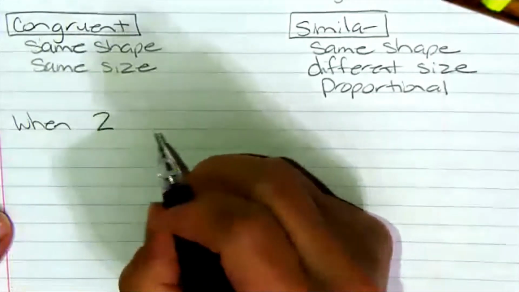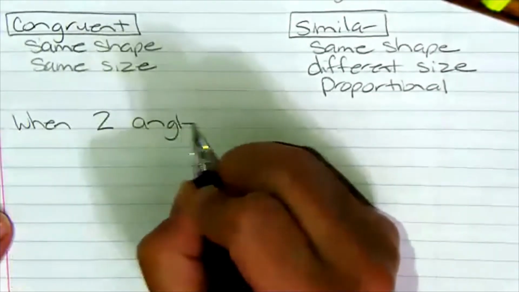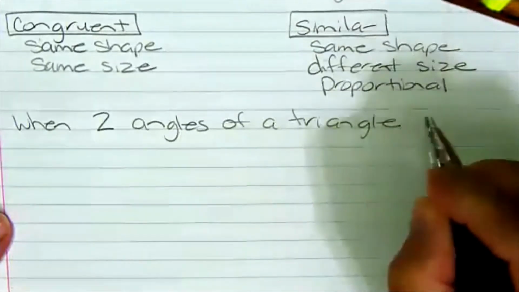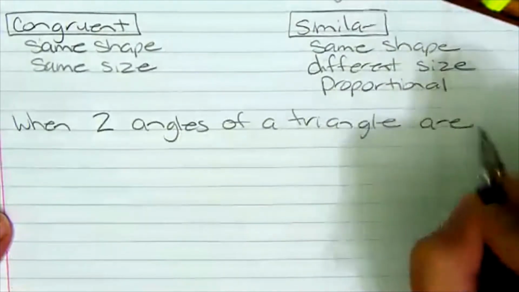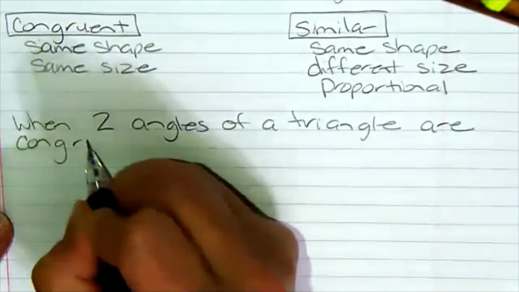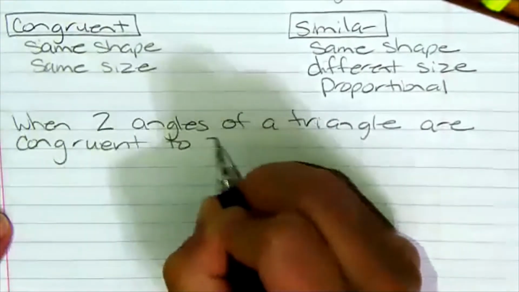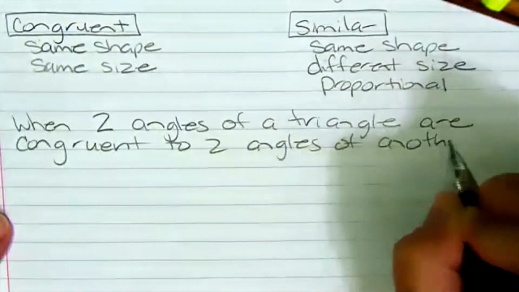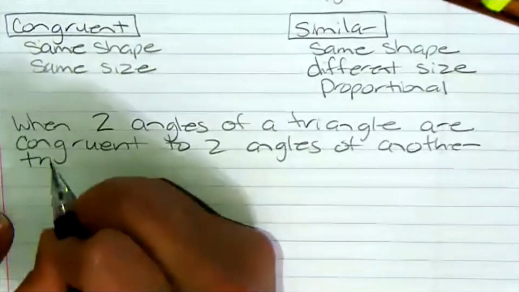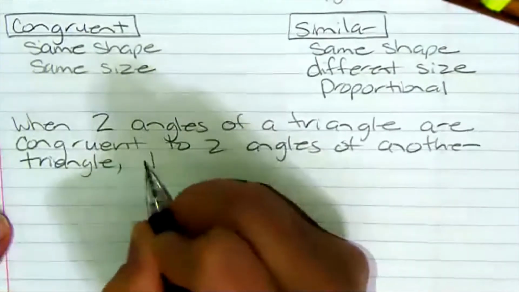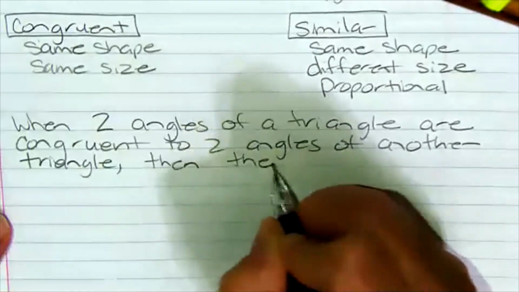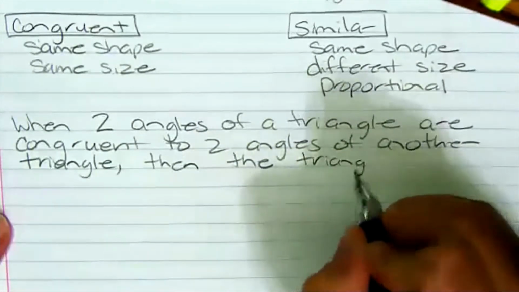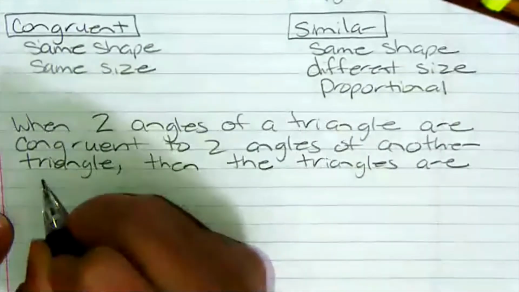When two angles of a triangle are congruent to two angles of another triangle, then the triangles are similar.